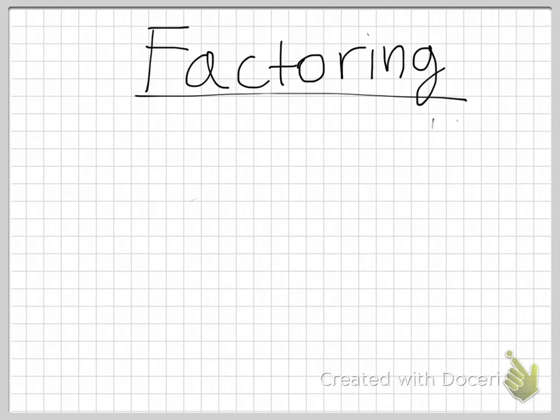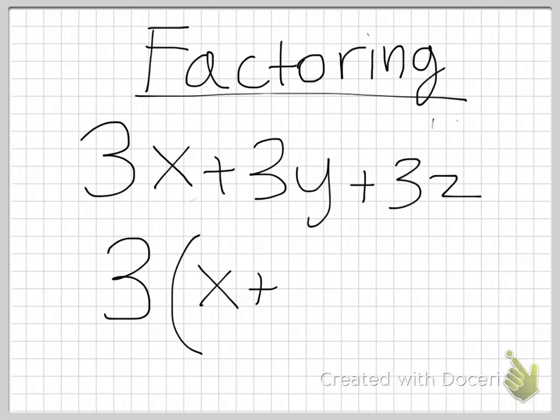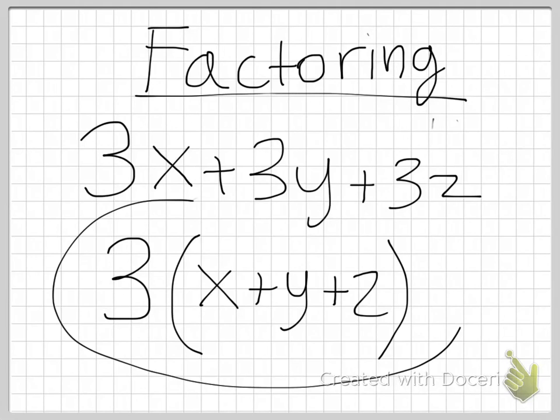We can even factor expressions with more than 2 variables, like 3x plus 3y plus 3z. You can see that in this case, the greatest common factor is 3. So 3 times (x plus y plus z) is how you factor this.